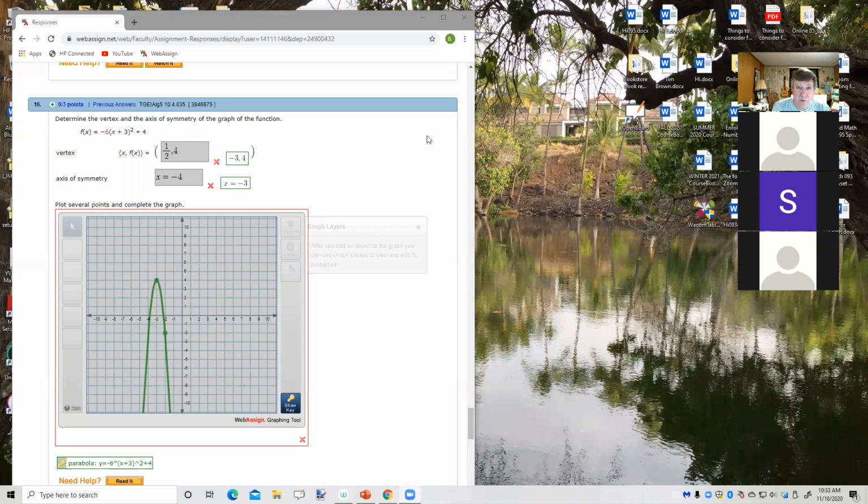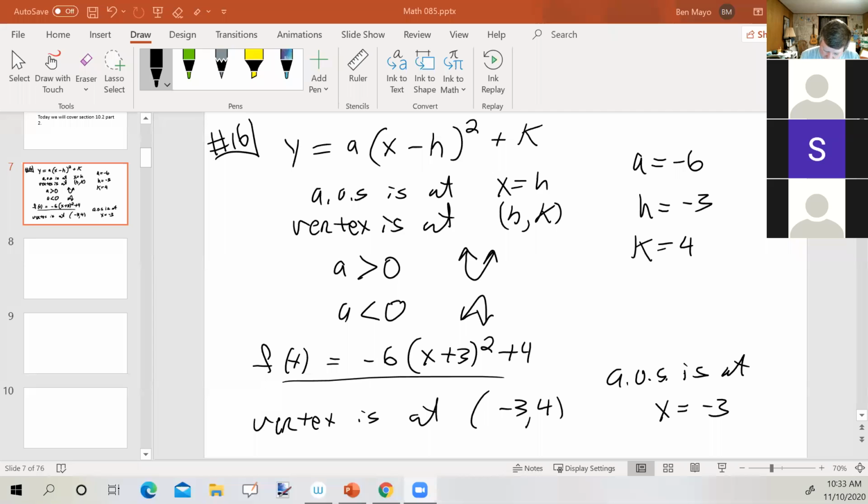So what we could do, let's go back to the other screen. And we know the vertex is at (-3, 4). So let's make a table over here. I'm going to choose an x value that's right close to -3. So maybe -2 or -4.